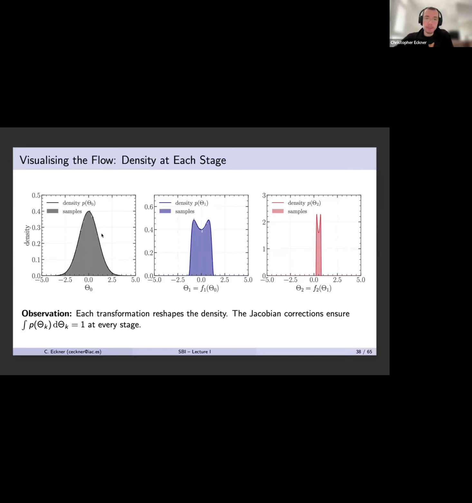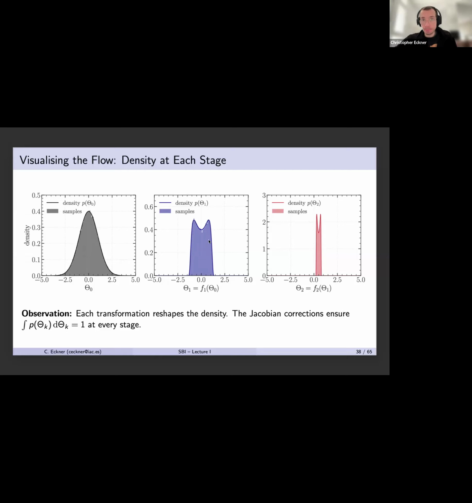Then we go to the next, which is applying the first transformation, this arctangent. What you do with the samples is you simply take these samples here in black and apply the function, and then you get just the histogram of the new variables, while the smooth curve here is the analytically computed function, how it should look, and you see it matches.